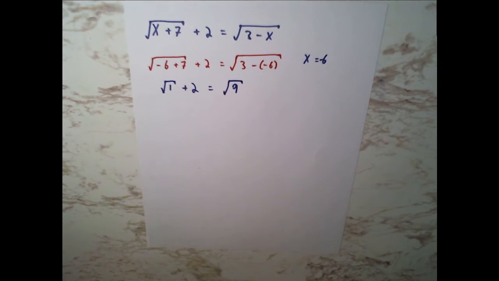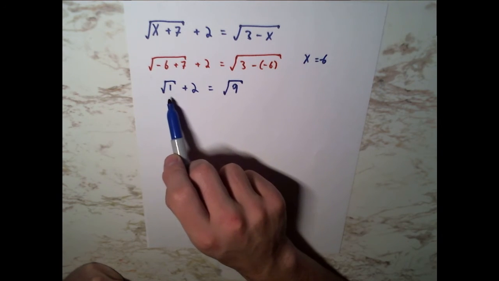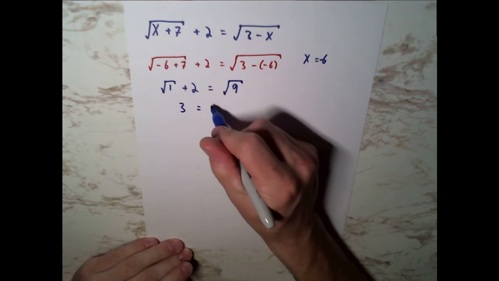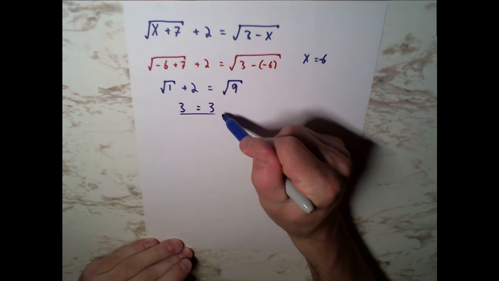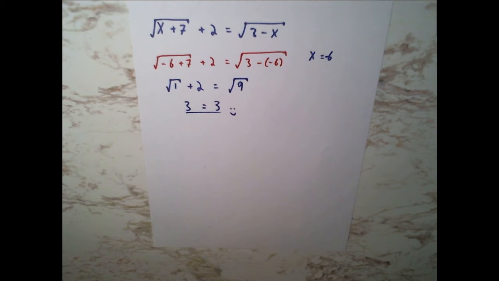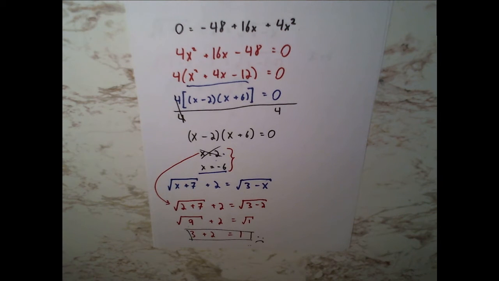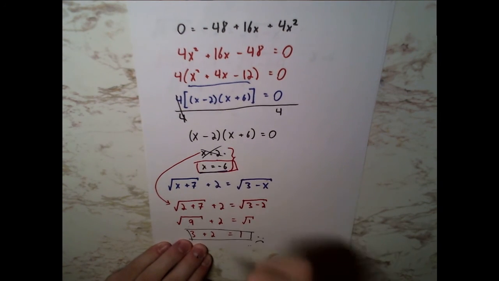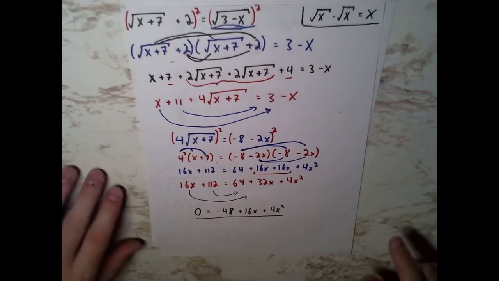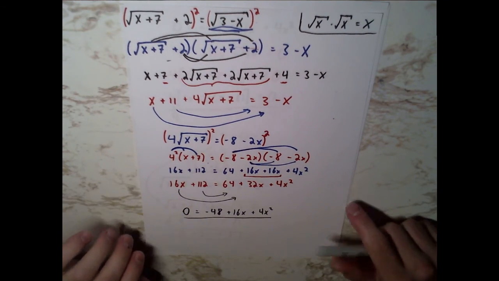So that's the square root of 9. Simplifying a little bit more, the square root of 1 is 1, so this is 1 plus 2, so we have a 3 on this side, and the square root of 9 is 3. So here we see that we get 3 equals 3, which is true. So this x equals negative 6 solution right here is going to be our solution. So this overall equation has one solution, and that is x equals negative 6.